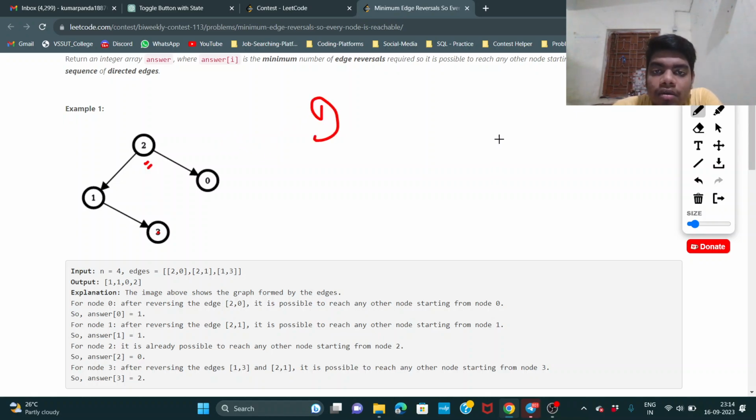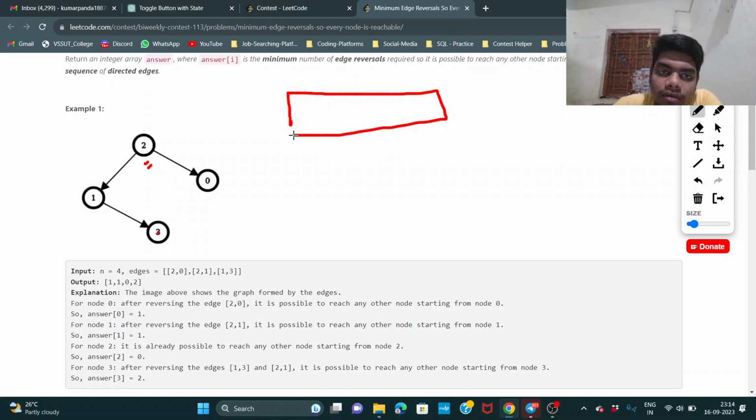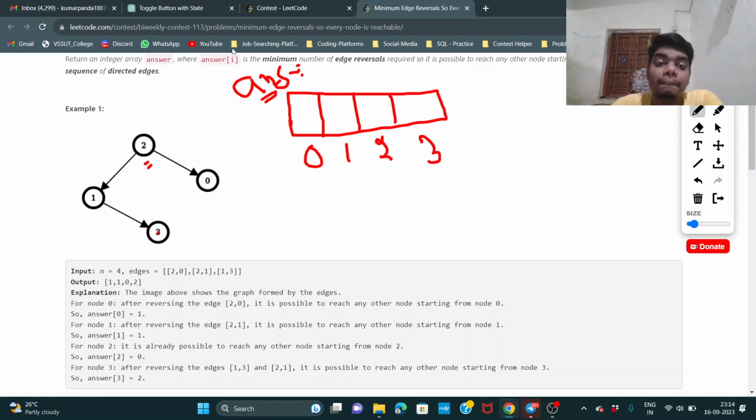Here I am storing it. So let's make an answer array: this is 0, this is 1, this is 2, and this is 3. This is my answer array, holding the minimum number of edge reversals.